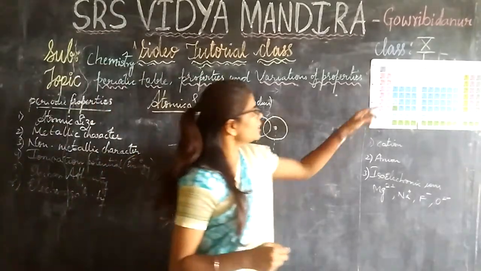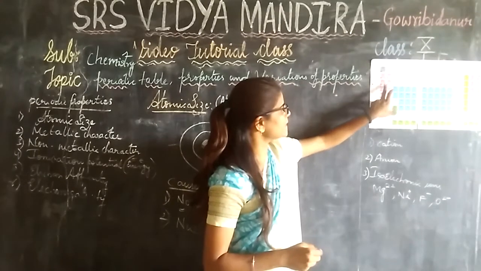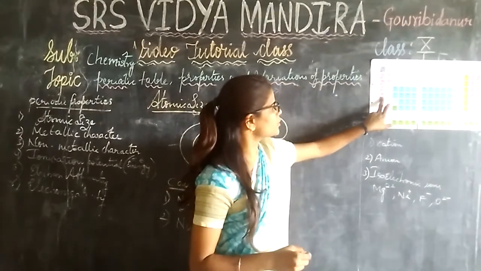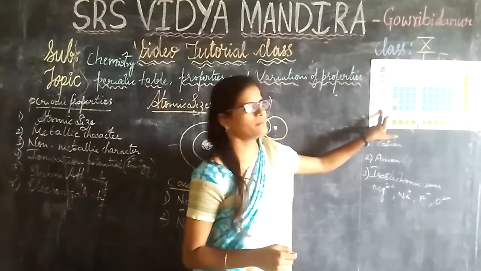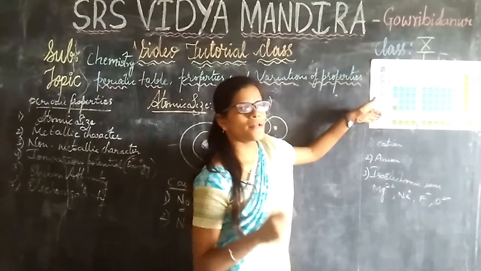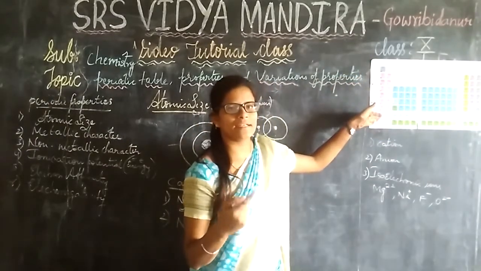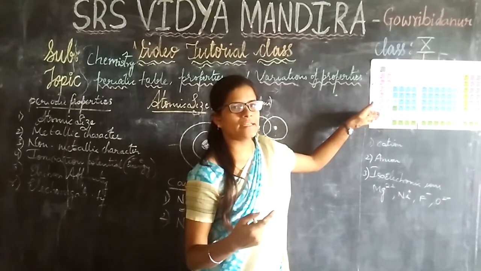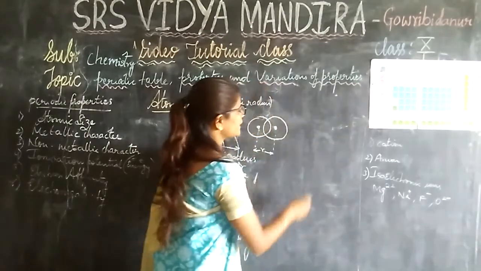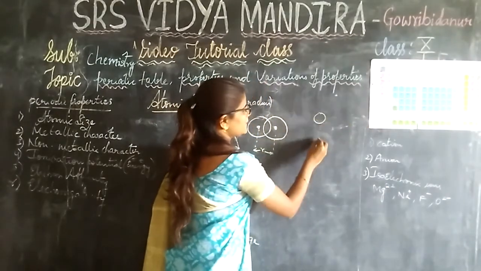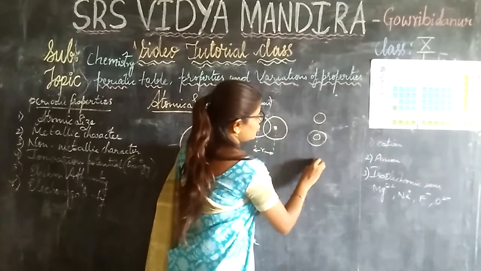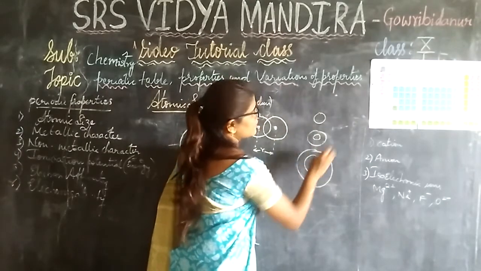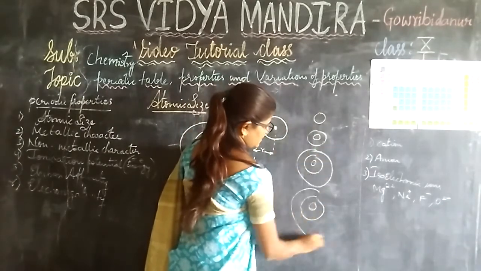Suppose, for example, you take hydrogen, lithium, sodium, potassium, rubidium, cesium, francium. Here, down the group, the number of shells goes on increasing. Suppose you take hydrogen like this, lithium like this, sodium like this, potassium like this.